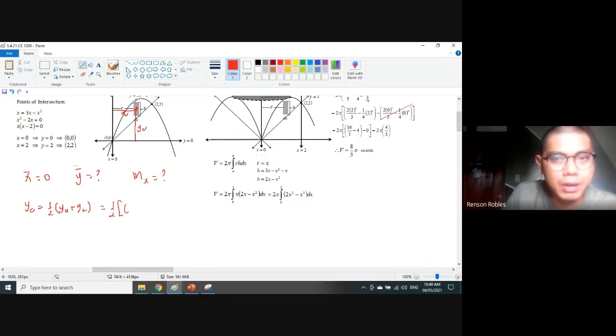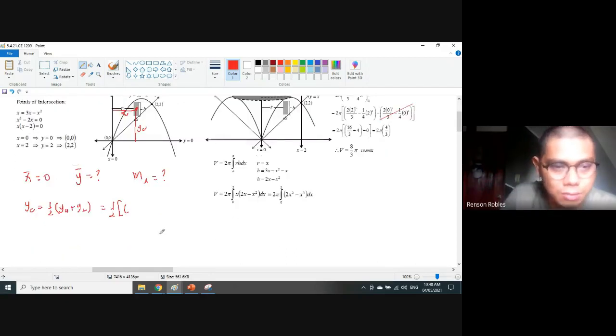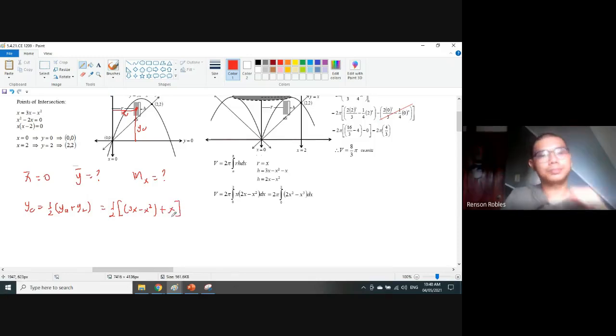Y upper is this downward parabola, defined by the equation 3x minus x squared. Y lower is the line y equals x. So it's 3x minus x squared plus x. Then you now have 1/2 times 4x minus x squared, and this is our YC.